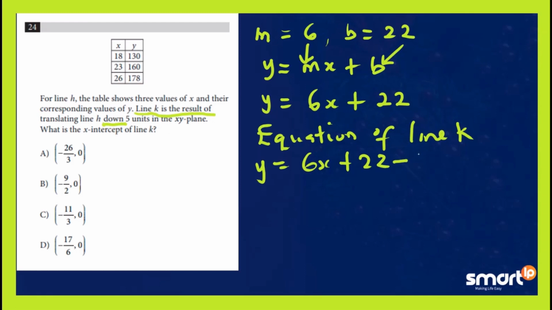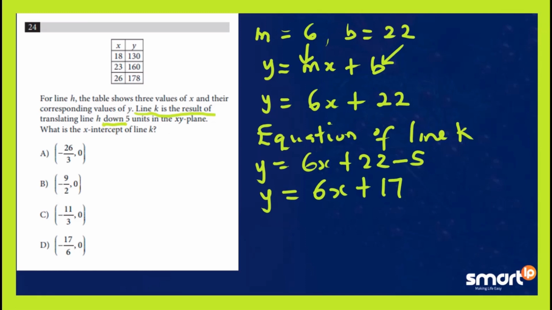So you say minus 5. That's all you need to do, minus 5. And so you're going to have y equals 6x then plus 17. You see that? Okay, now we are almost done. We just determined the equation of line K.